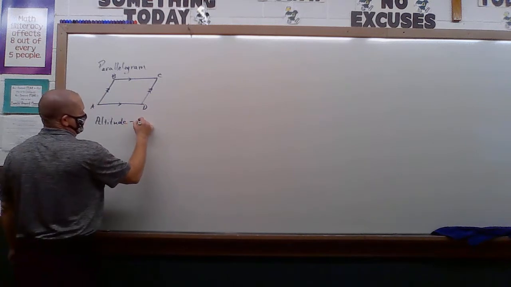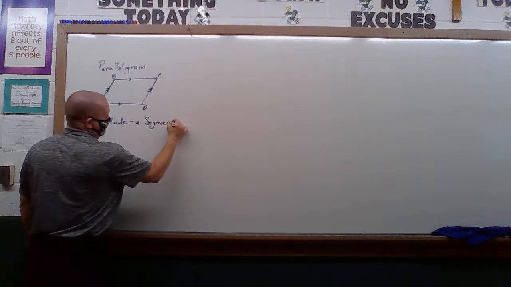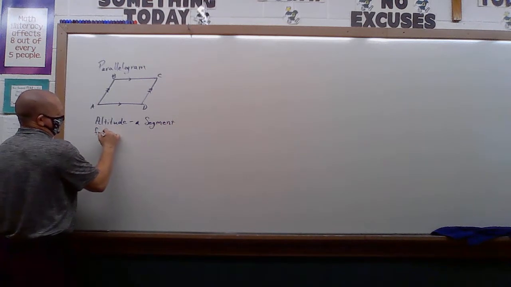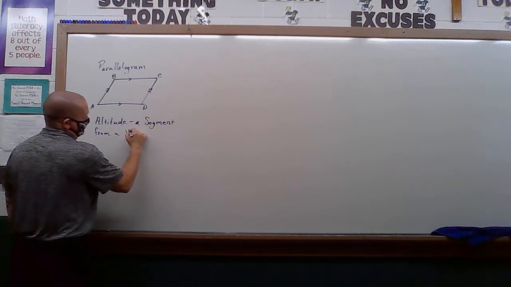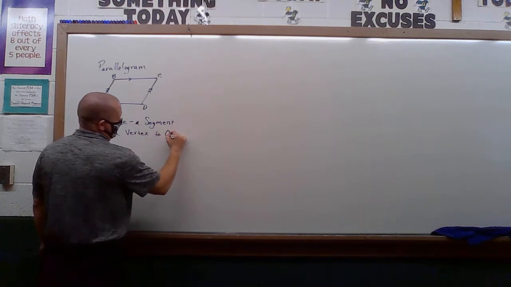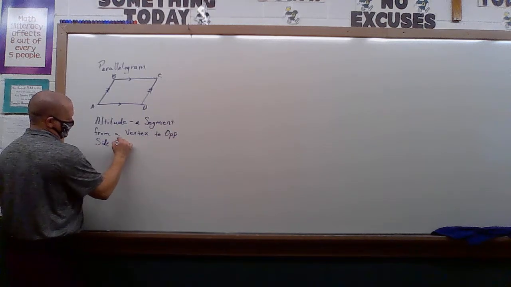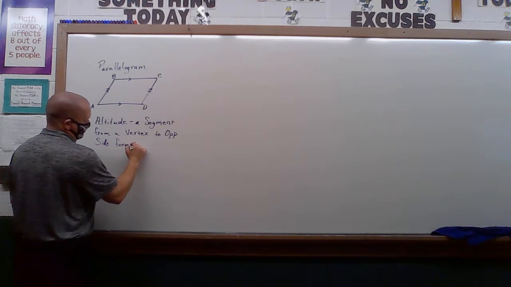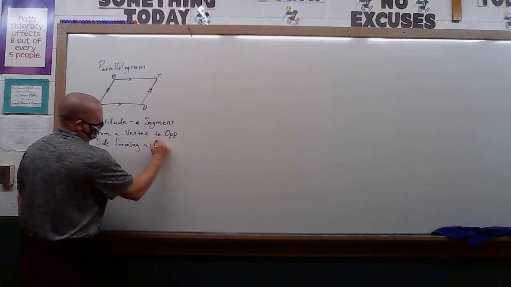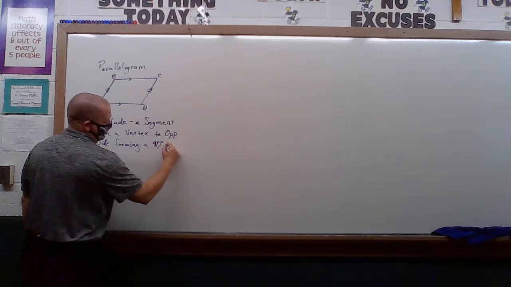So, a segment from a vertex to the opposite side, forming what? Perfect. Forming a 90-degree angle.